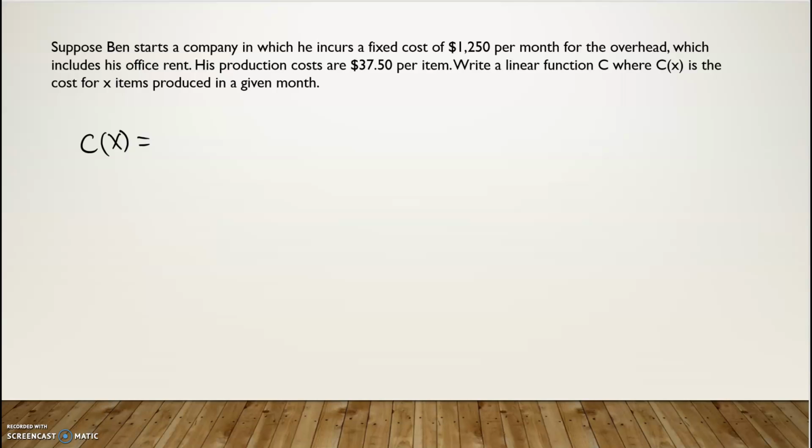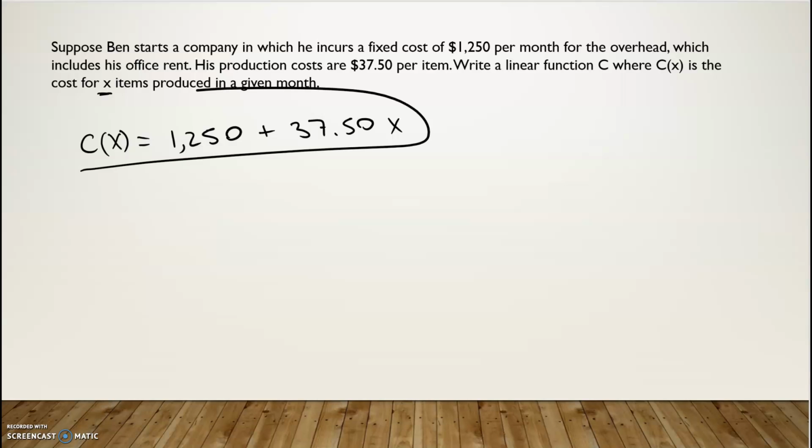So he has an overhead fee, fixed every single month, of $1,250. And for every item he produces, it costs him about $37.50. So plus $37.50 per item, and we're going to let item be X. And that would be your equation or your linear function C for the cost per month.